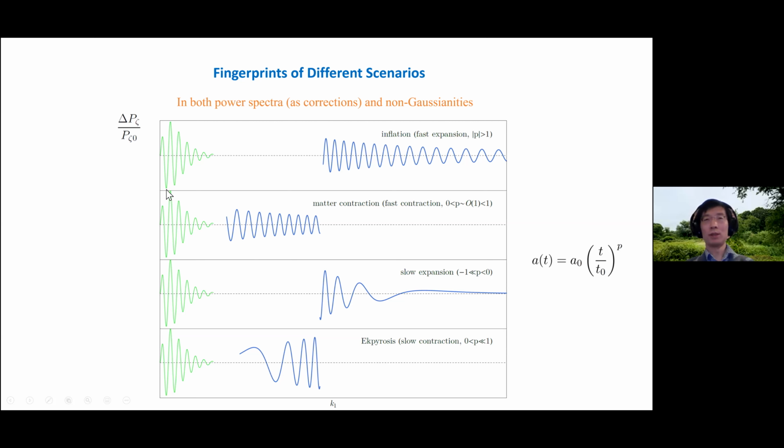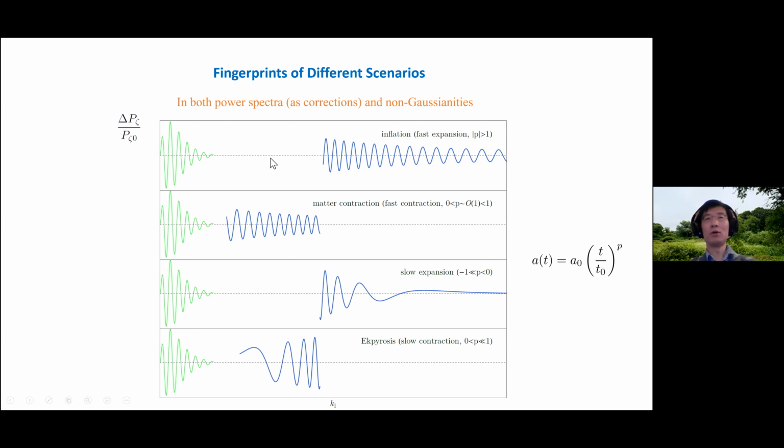The displacement between the sharp feature and the clock signals is determined by the parameter that you mentioned, but physically it is determined by the ratio of the mass of the clock signal to H, because this determines how fast the oscillation is.